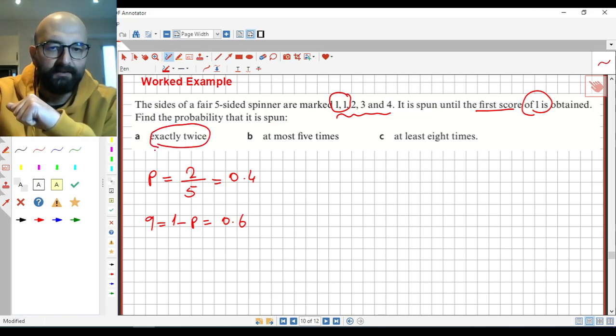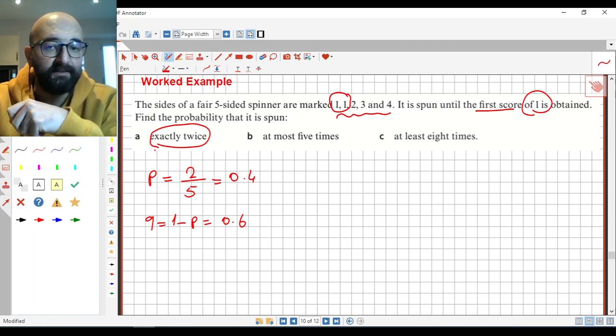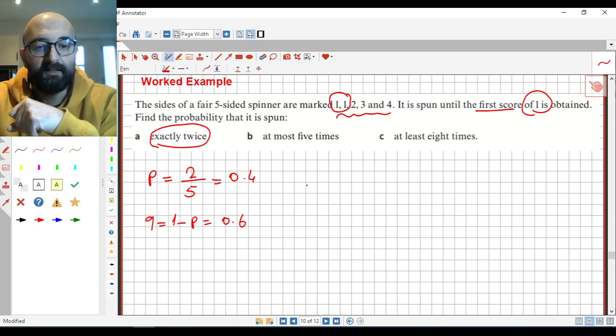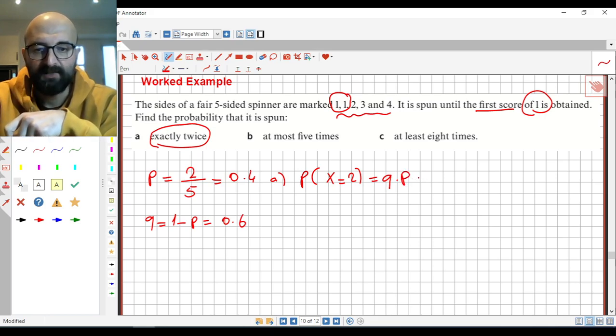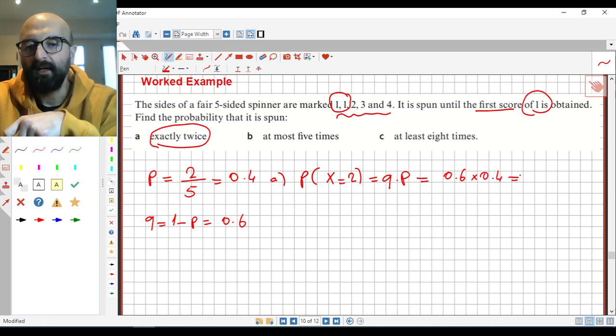So the second time we have to get success, which means the first time failure and the second time success, so 0.6 multiplied by 0.4, which is 0.24.